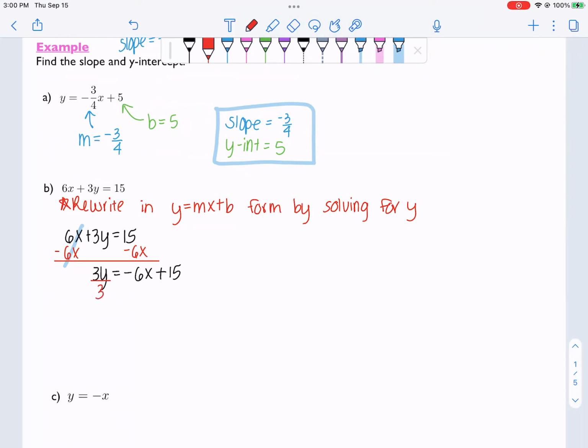To get y by itself, I am dividing everything by 3. So these 3's cancel. Y is equal to negative 6 divided by 3 is negative 2, so negative 2x. 15 divided by 3 is 5. Negative 2x plus 5.